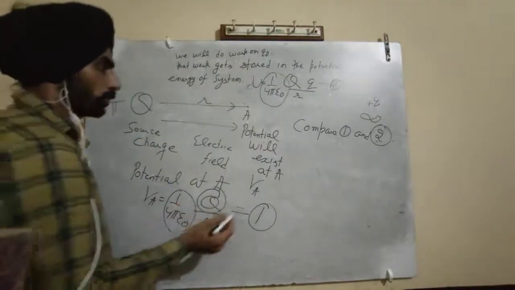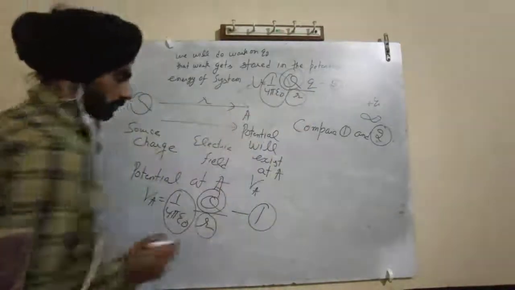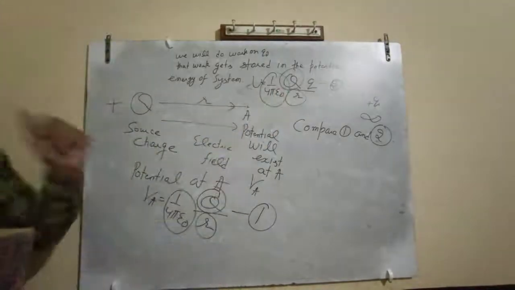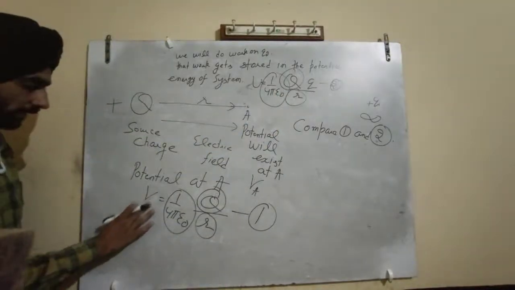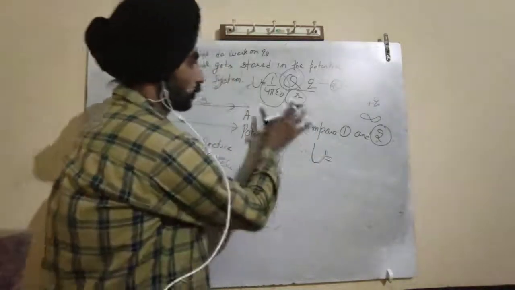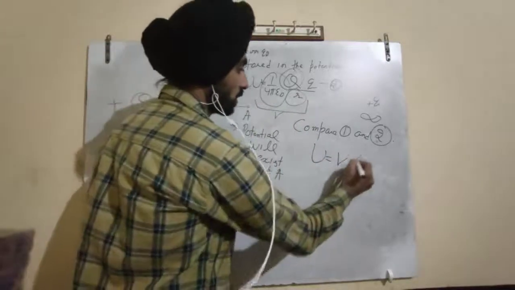Big Q, small r. So what is the value of this whole thing? Its value is V, the potential at A. So U is equal to this value reduces to V into Q.